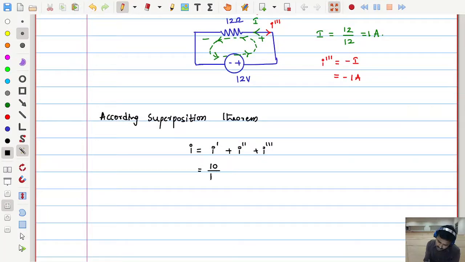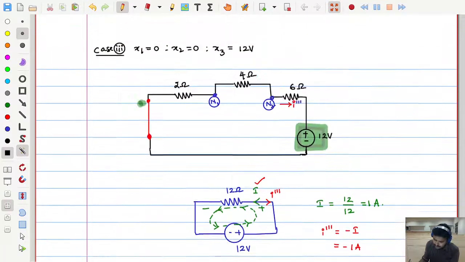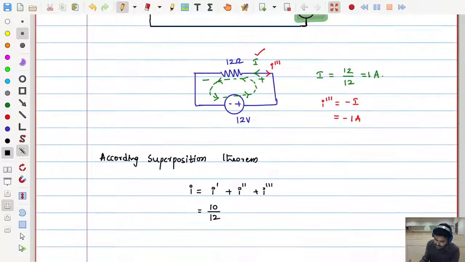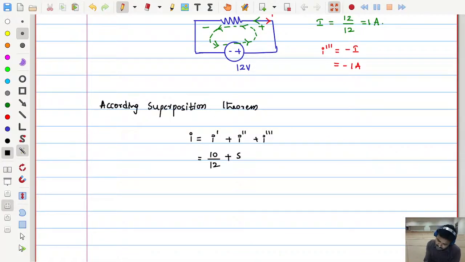I double dash we got as 8 by 3 plus 8 by 3. I triple dash we got as minus 1. Whatever answer you got, whether minus or plus, just include that value. Now how much is this answer? 10 by 12 plus 8 by 3 minus 1, which is equal to 5 by 2, that is 2.5 amperes.